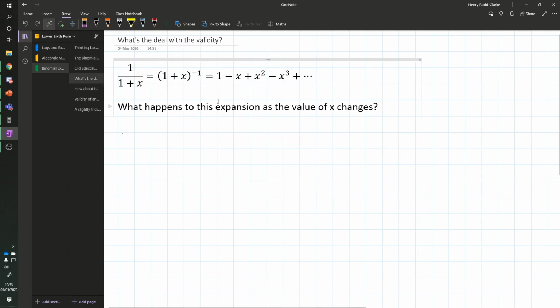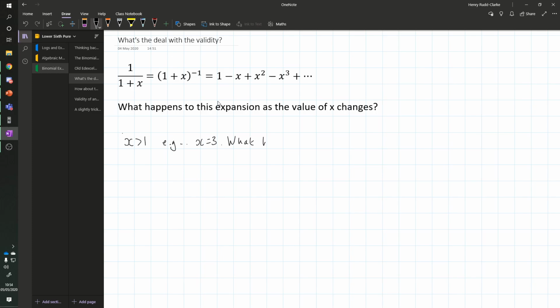So here we're going to think about what happens to the expansion as the value of x changes. If I pick a number which is bigger than 1, so x is greater than 1, e.g., let's put x equals 3, what happens?